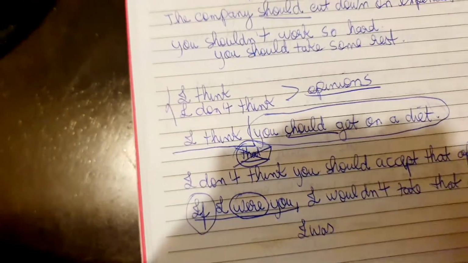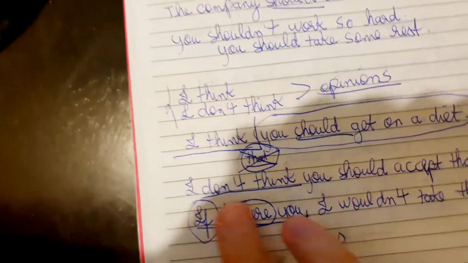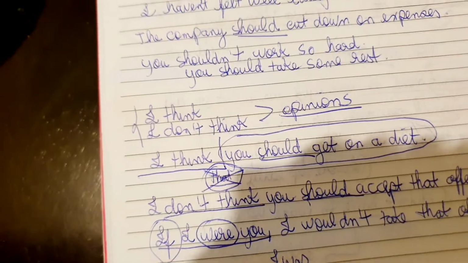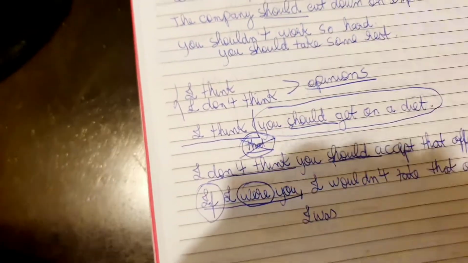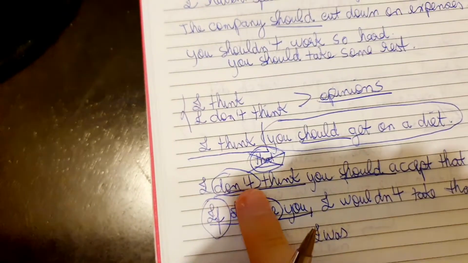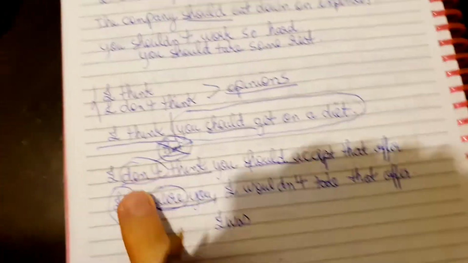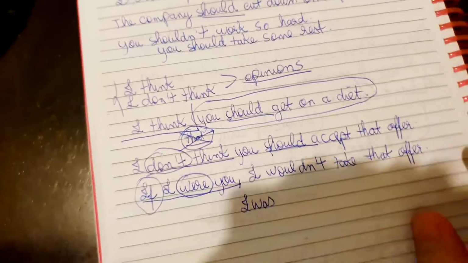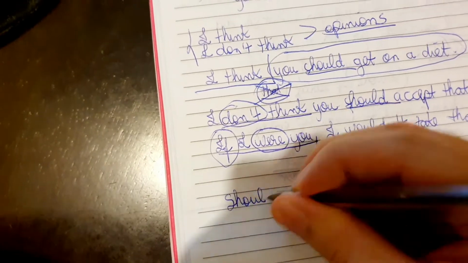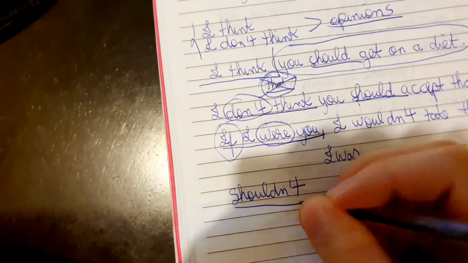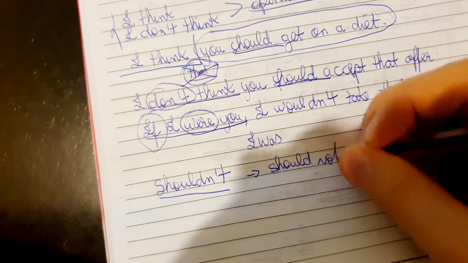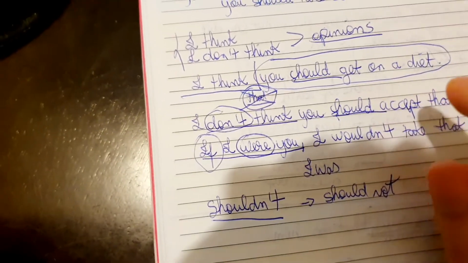But the point is, I can say "I don't think you should do something." As I have expressed an idea in the negative, what is the negative of the verb should? It's shouldn't in its contracted form, or should not, which has practically the same meaning.